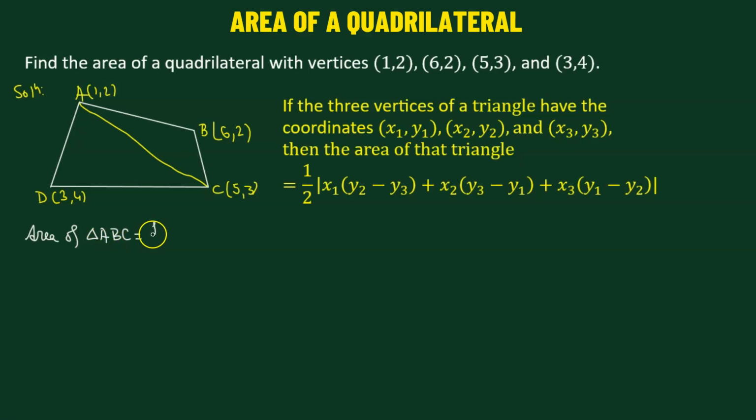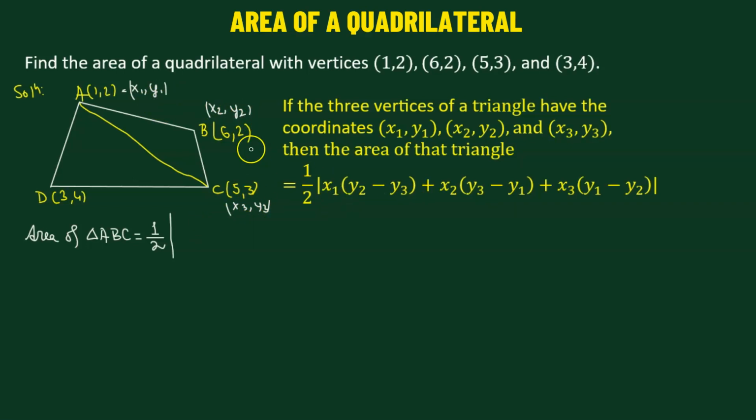So this will be equal to 1/2 multiplied by the absolute value. Since we're considering ABC, let A be (x1, y1), B be (x2, y2), and C be (x3, y3). That's going to help us pick up the values.